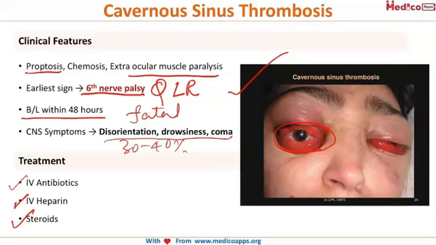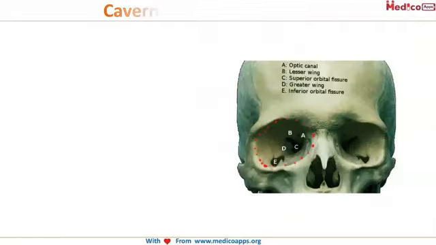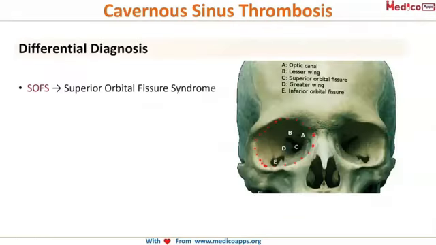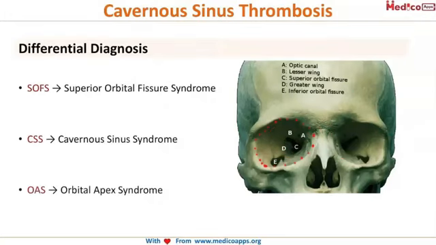Now there are a few other conditions which look very similar to what you are seeing in this picture. So they will be your superior orbital fissure syndrome, cavernous sinus syndrome and the orbital apex syndrome. Okay, the differential diagnosis of CST is superior orbital fissure syndrome, the cavernous sinus syndrome and the orbital apex syndrome.